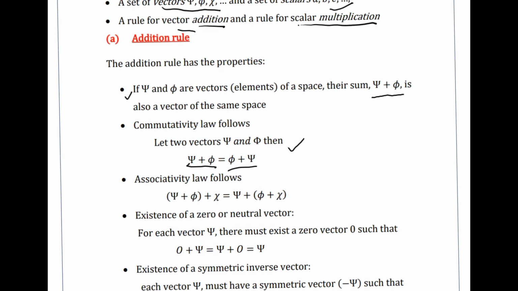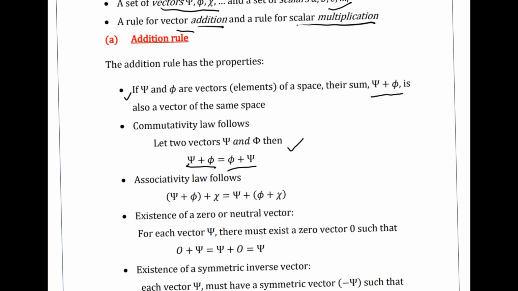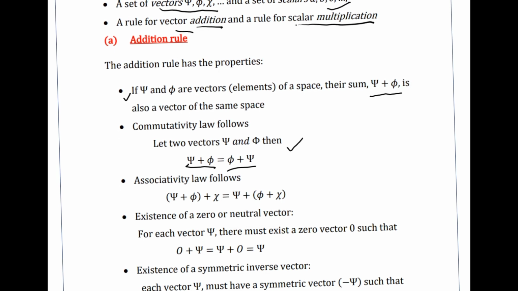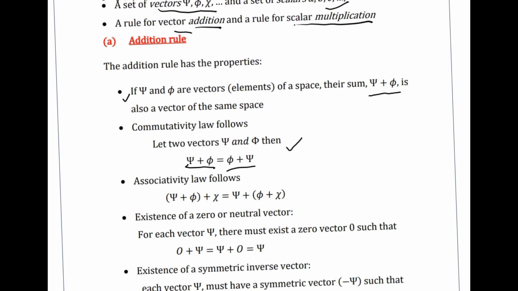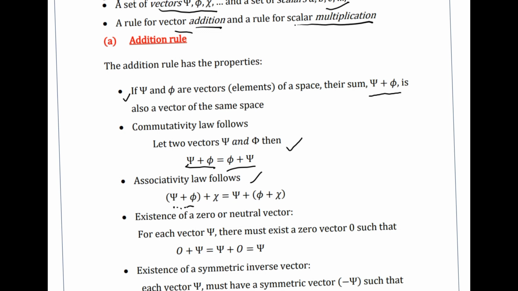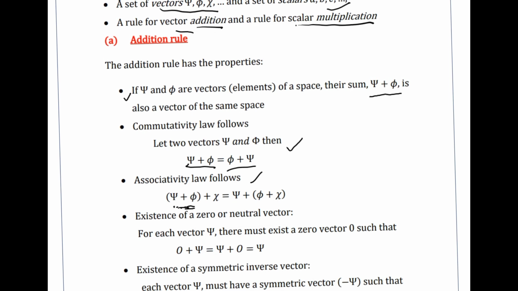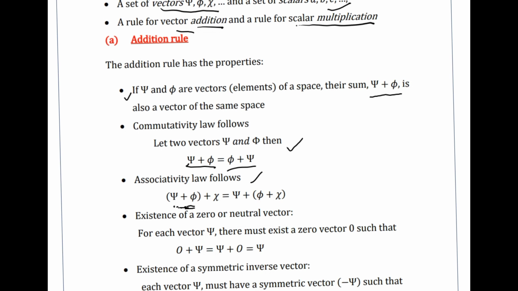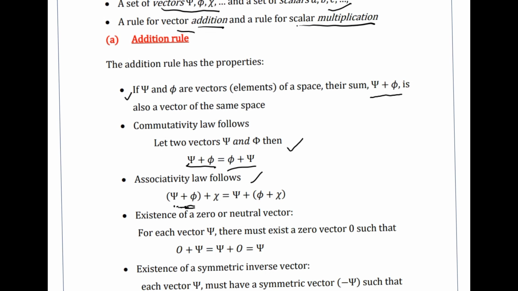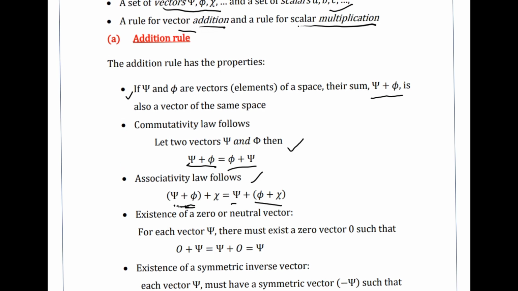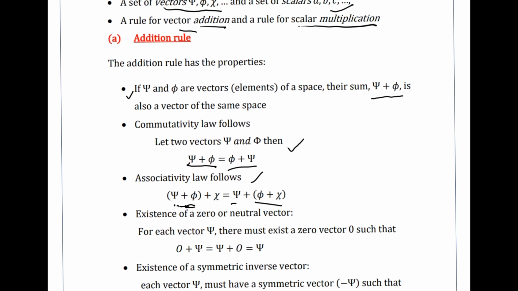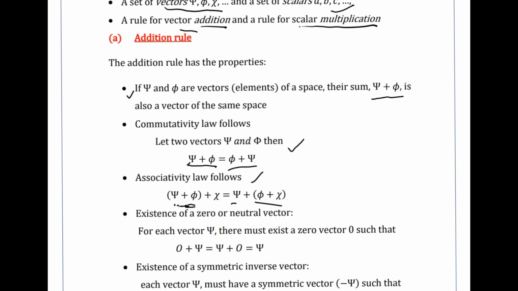This is the commutative property of two vectors. One property is associative property. If we take three vectors of the vector space, then psi plus phi first take addition and then plus chi. So this can be written as psi plus phi plus chi. This is the associative property of vector space.